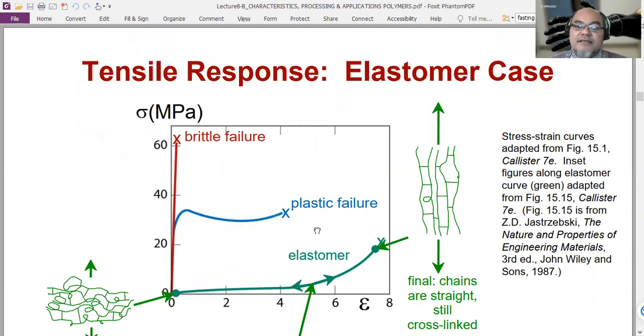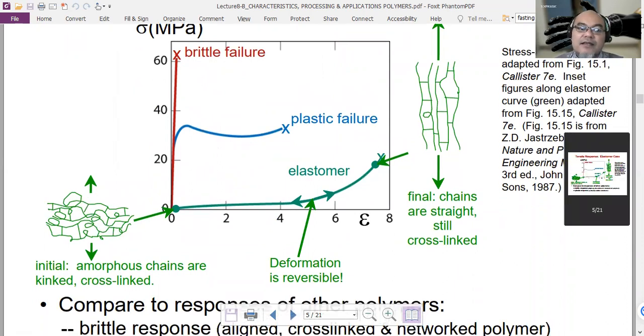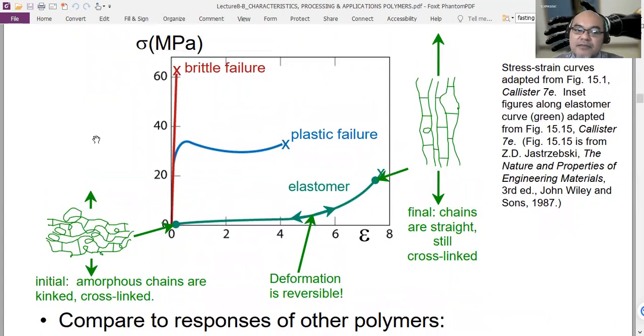Then in the elastomer case, on the other hand, most of the regions in the material are amorphous. Initially the amorphous chains are kinked or cross-linked. When you stretch this part, the deformation is more possible. They become straight. For example, here we deform in a vertical direction.